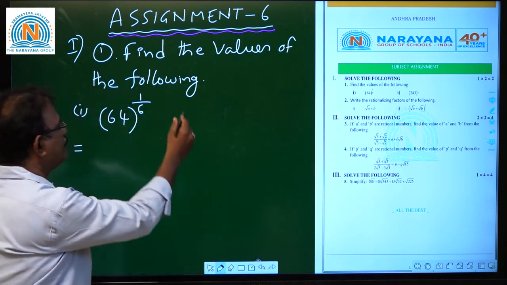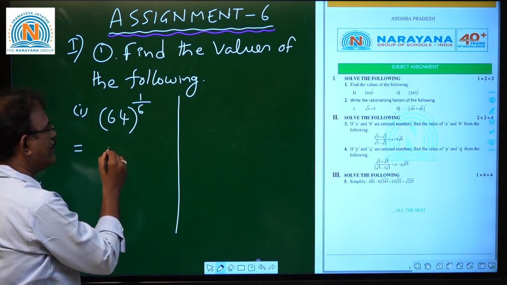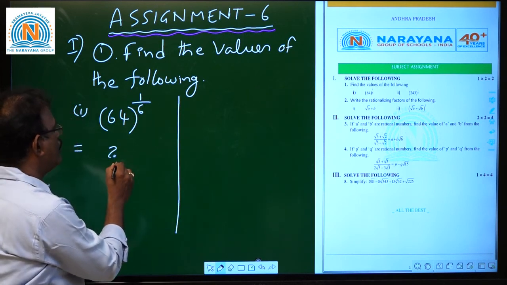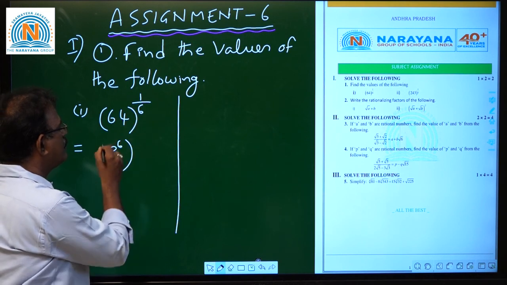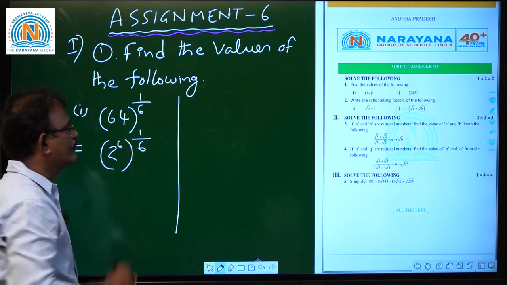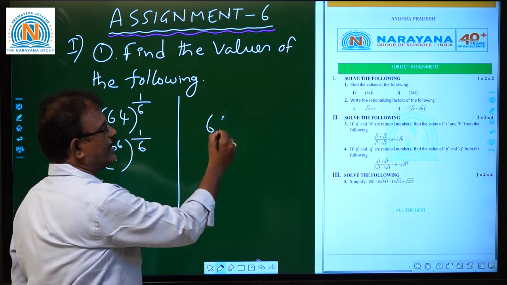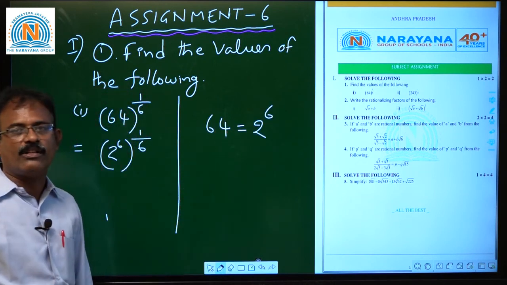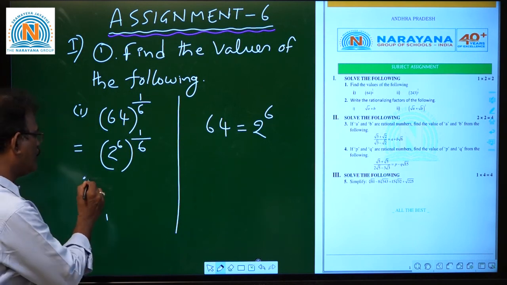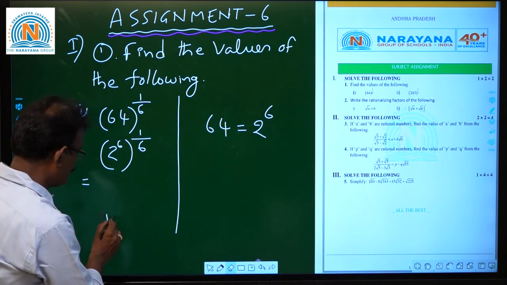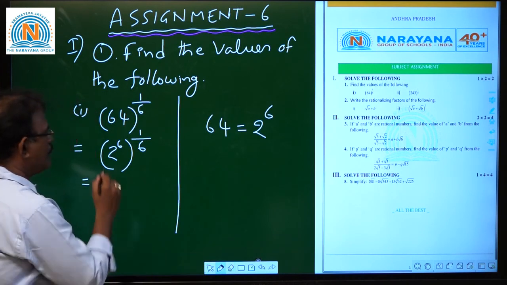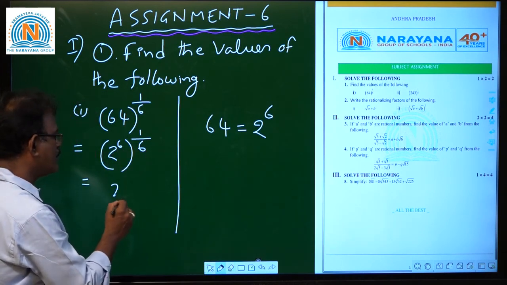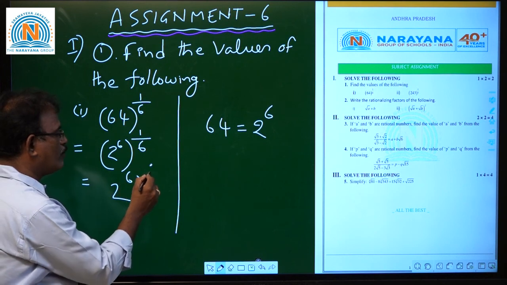We know very well 64 can be written in base exponent form as 2 raised 6 times. Everybody knows about this. Now this is in the form of (a power m) whole power n, so this is a power m into n.